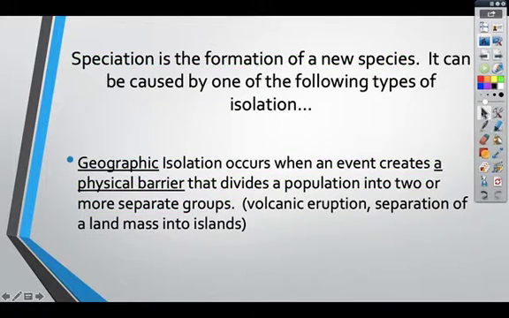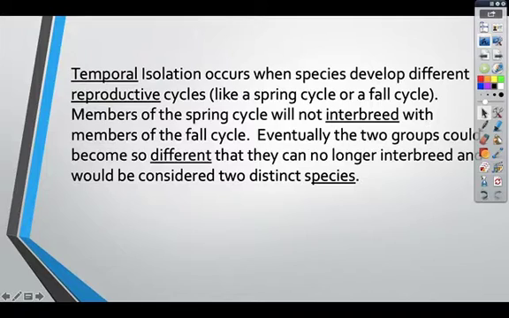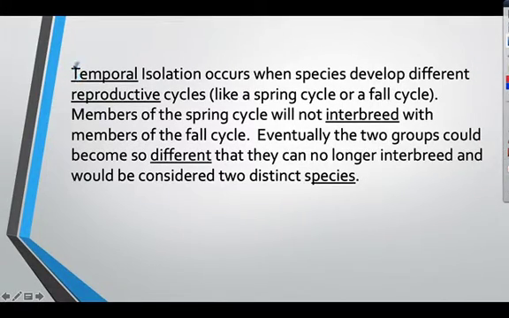All right, next is temporal isolation. And the way I always remember it is temporal, time. So temporal isolation is when a species develops different reproductive cycles. So it has everything to do with timing.